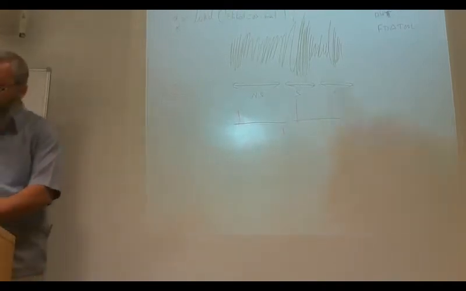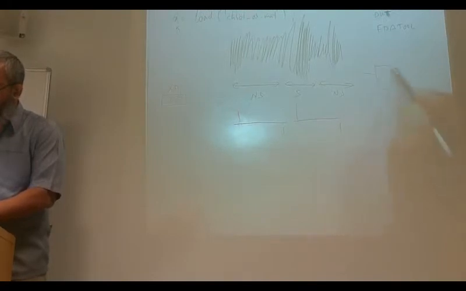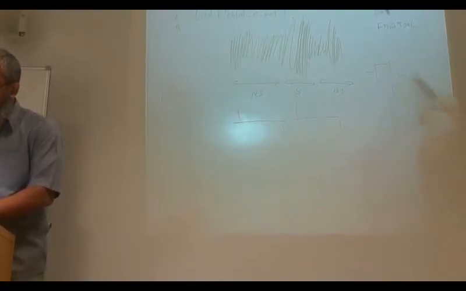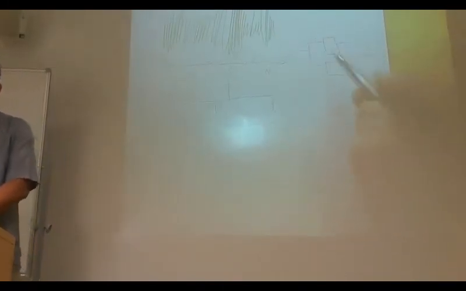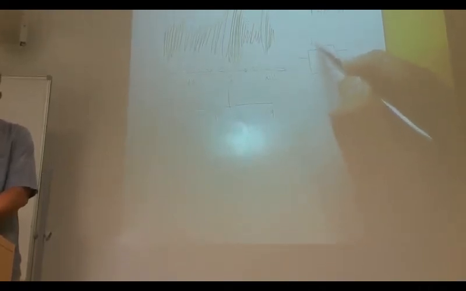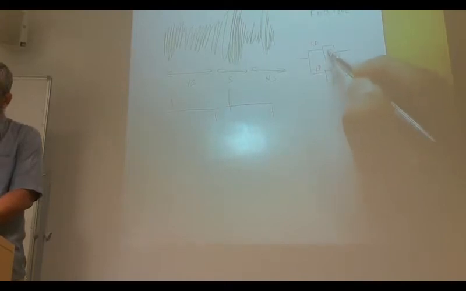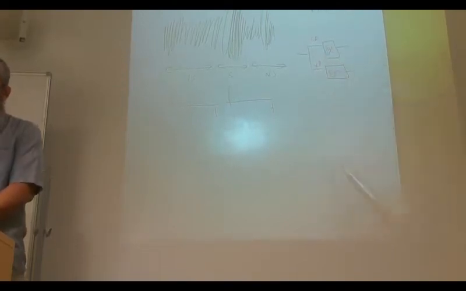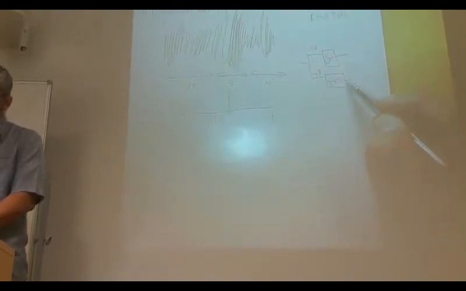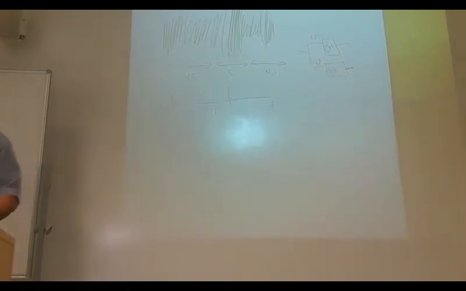So you can take the signal, give it to the wavelet transform. So this is XA and this is XD. You can calculate energy here and energy here. If the energy in the detail is high, that can be a seizure point.